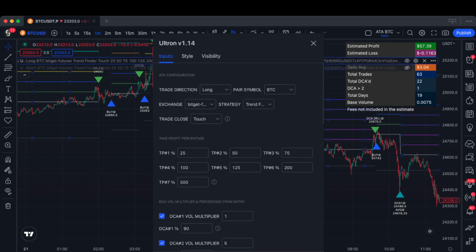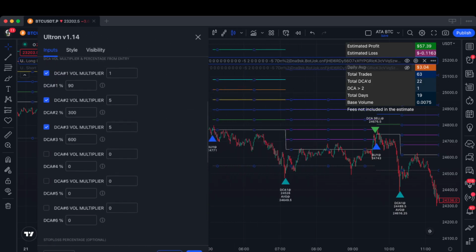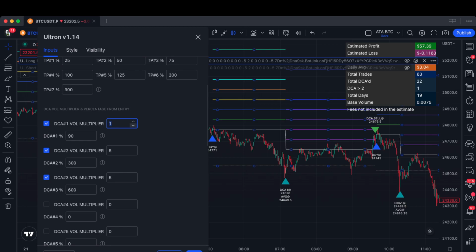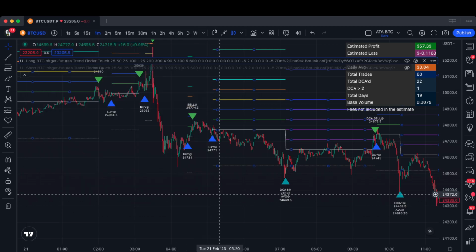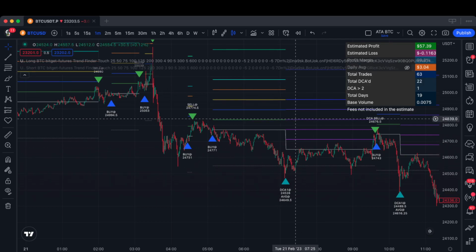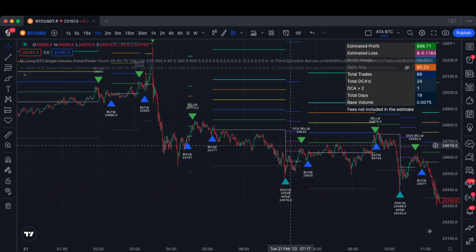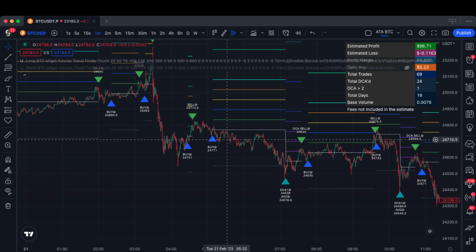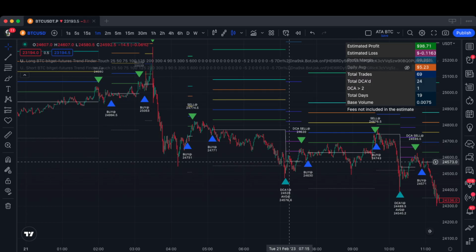Now, if I were to increase this, let's say make this a 4, you're going to notice that the dollar cost average section of the take profits gets moved down quite a bit. So basically it moved your entry from here to here, right, and then got right back out.